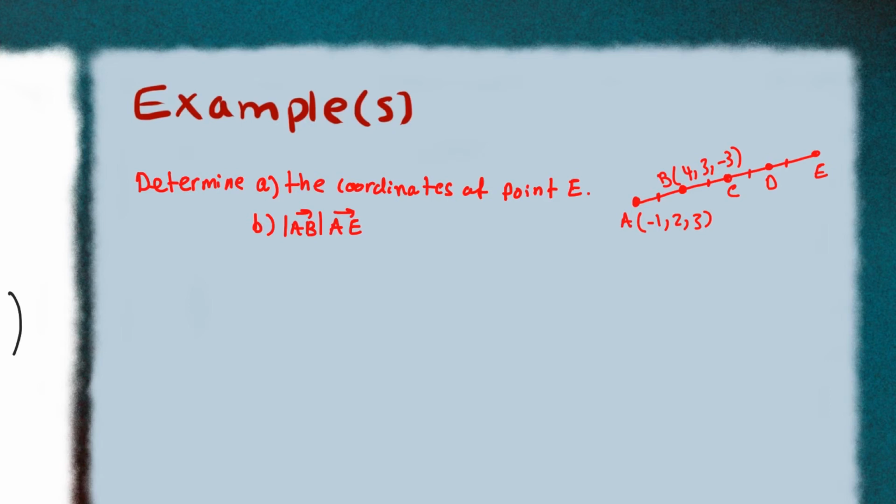We have vector AB because we can calculate it, and we know that if we multiply that by 4, we will get vector AE because the distance is the same and they're in the same direction.